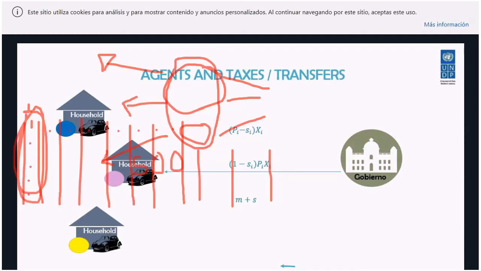So, as you can think, it is ideal for you to have all the required information in the same household survey, but as we mentioned before, we don't always have that.